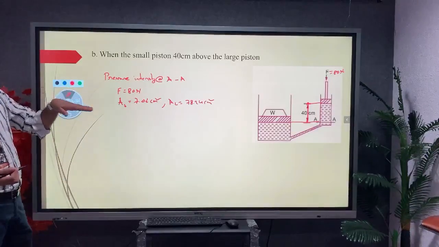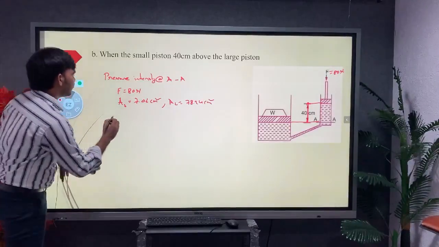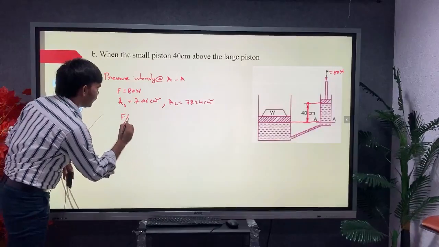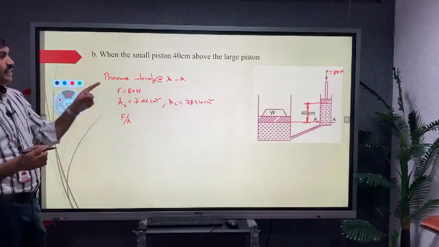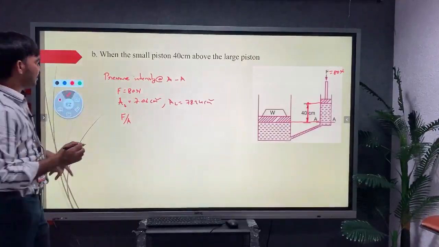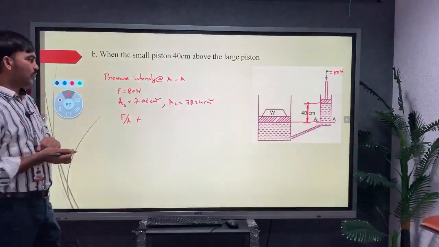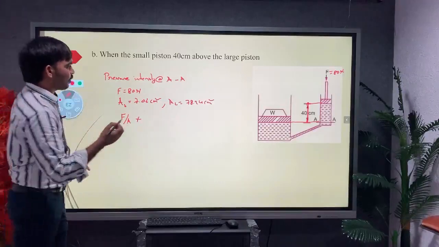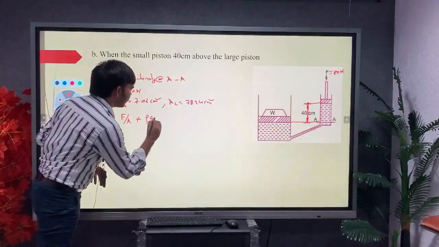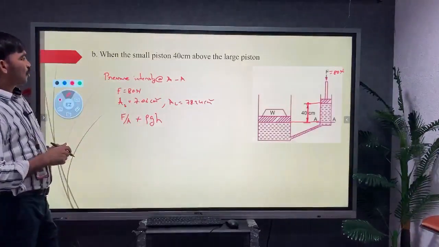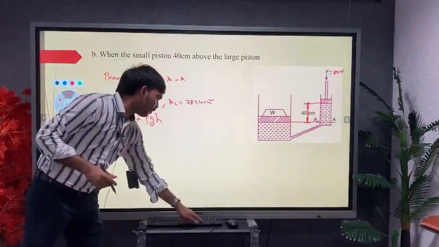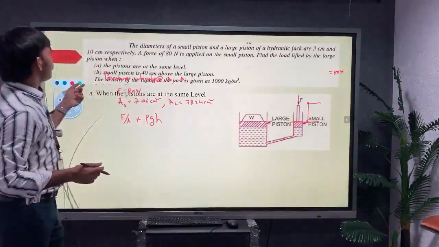Now, what is the pressure intensity at AA? It is the pressure per unit area: pressure created by the piston plus pressure due to the head of the water, 40 centimeters head of the water. That means rho g h. Now, what type of liquid is there?